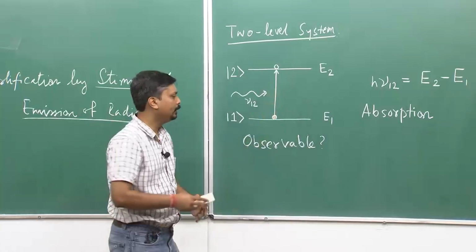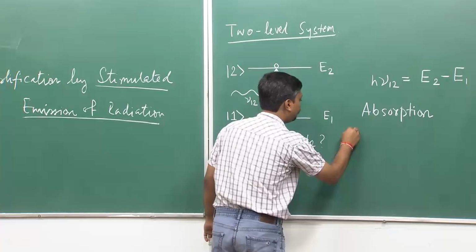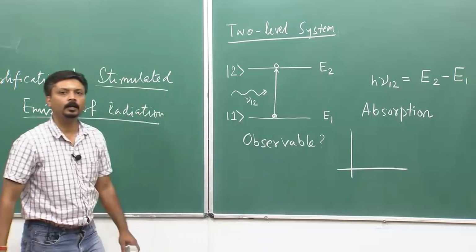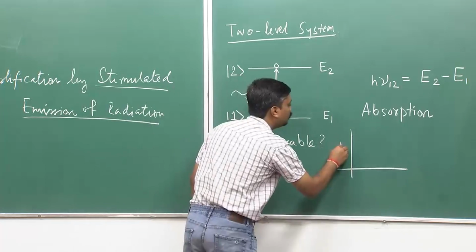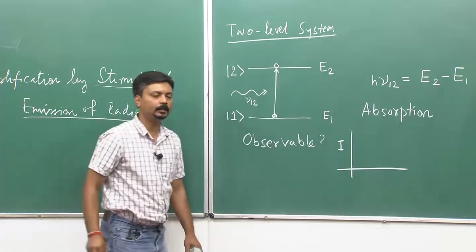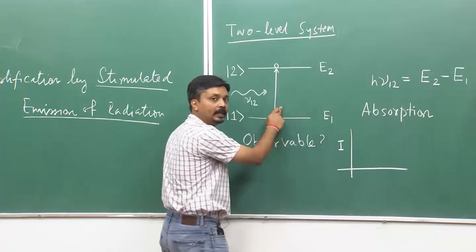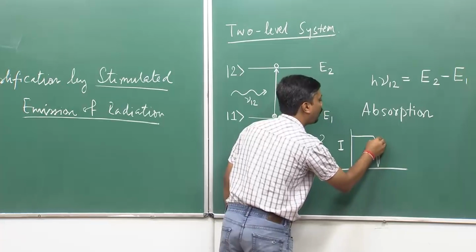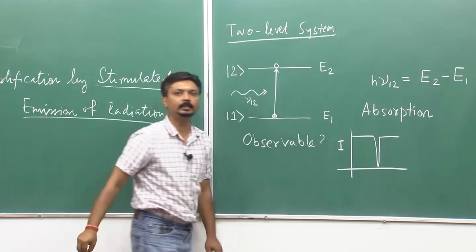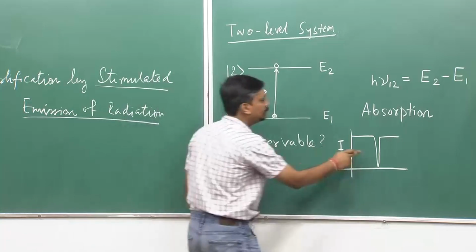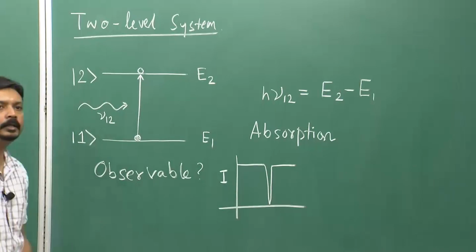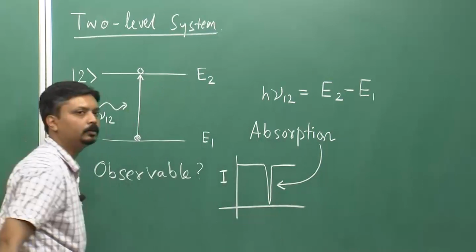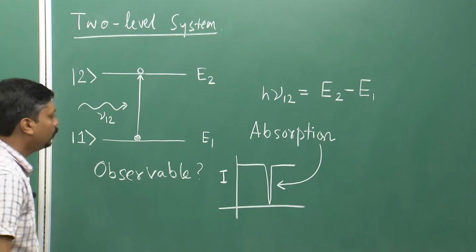If I measure the intensity of light, then when this process happens, I will see a sudden drop in the intensity, and this drop is due to the process of absorption.